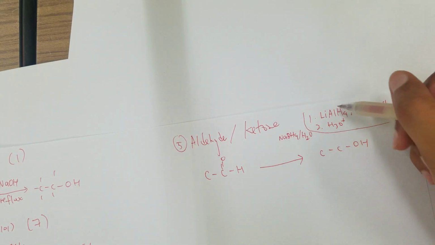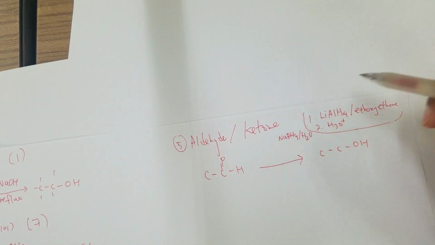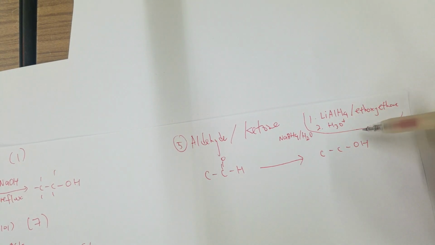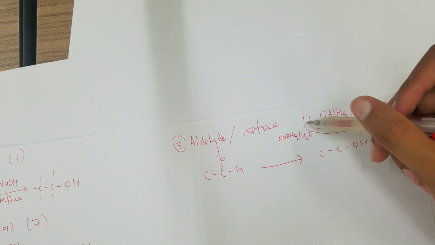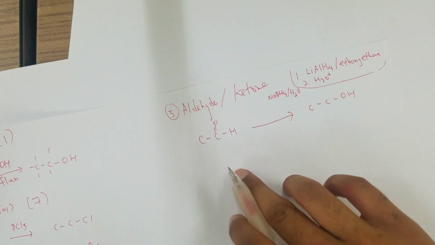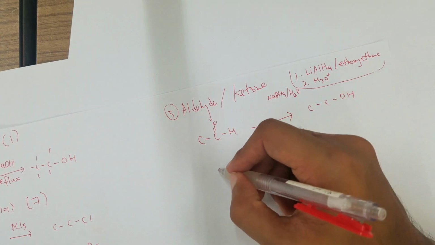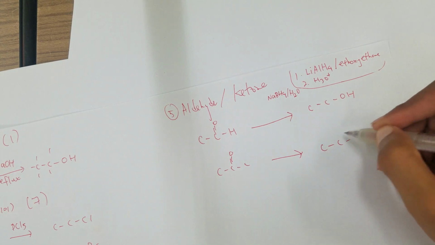So either one. Usually we use the stronger one because it ensures there's a reaction going on. So you don't have to memorize which one to use strong, which one to use weak. Because if you memorize the strong one, it can be applied to any reaction, whereas if you memorize the weaker one, sometimes it will not work. So aldehyde becomes primary alcohol. If I have a ketone, it's just the reverse, I will get a secondary alcohol.